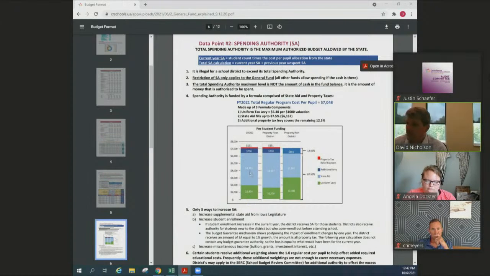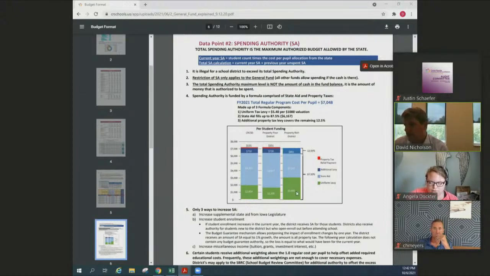When you look at a school like Cedar Rapids, we're not at the very low end, but we're not at the high end anywhere. We're just a little bit below average in our assessed valuation per pupil. That's the biggest driving component that changes this: the assessed valuation of property per pupil in the district.